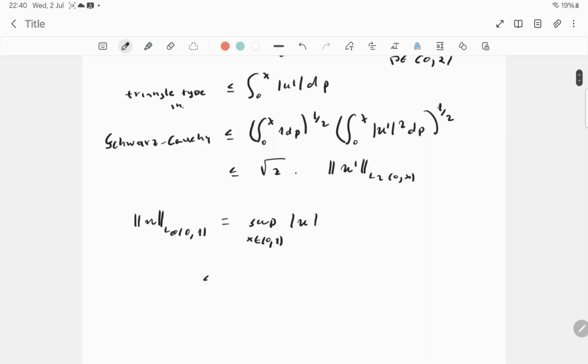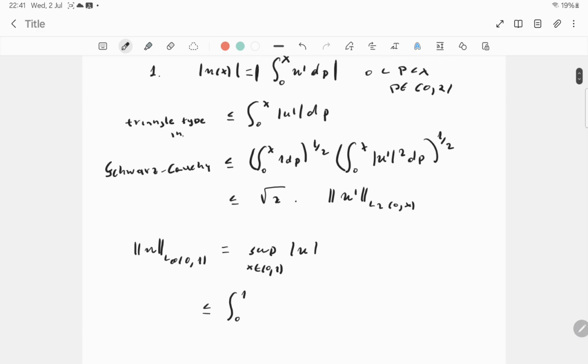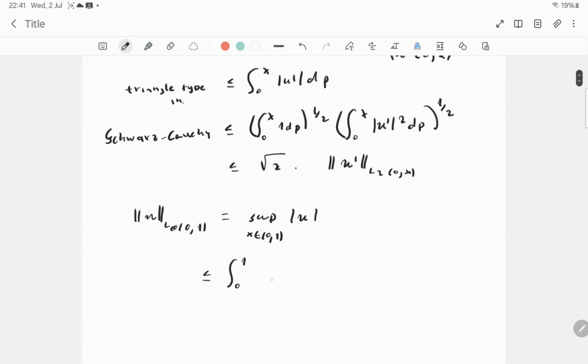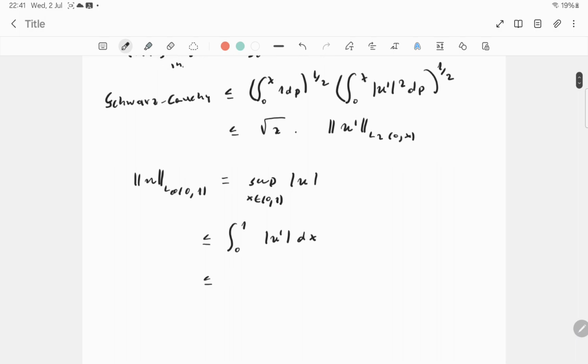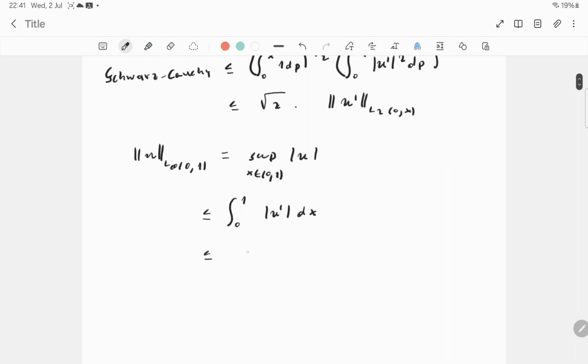And this can be bounded by the L1 norm of the derivative, the integral of u prime dx, and this can be bounded by, so I can use the Cauchy-Schwarz inequality as well.